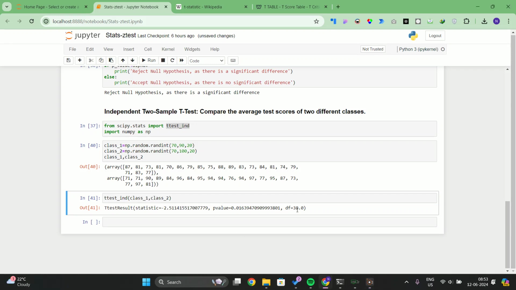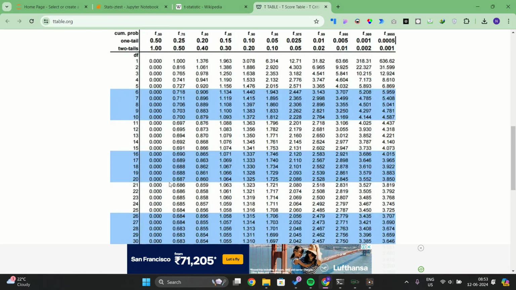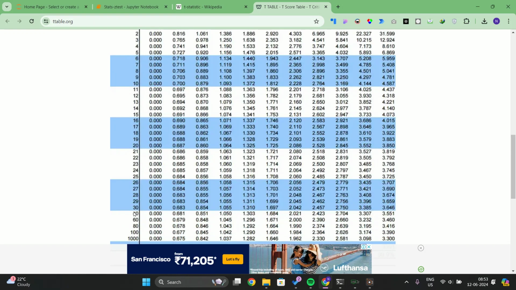So in this case, we know our degrees of freedom is 38, and our t statistic is minus 2.51 or 2.51. And go here to the t table, and you find that the closest is 40.